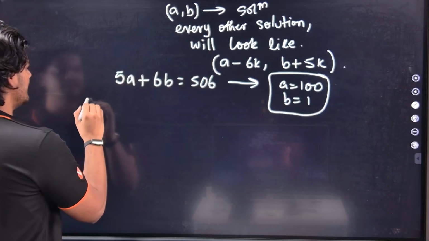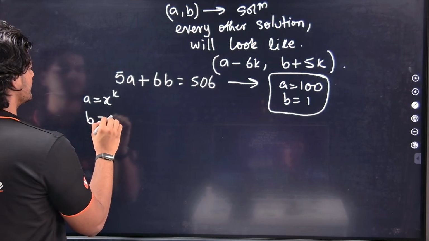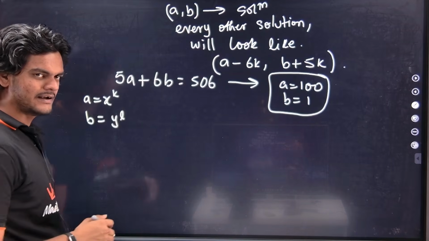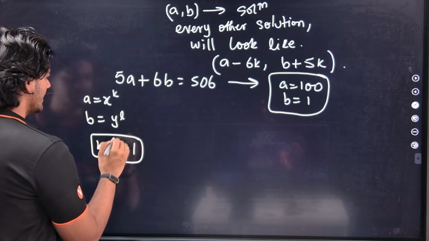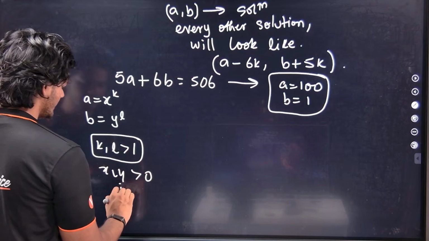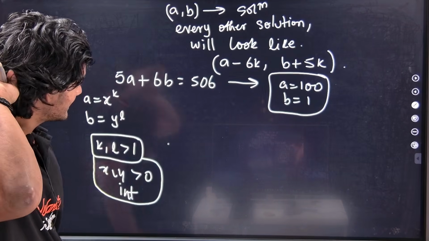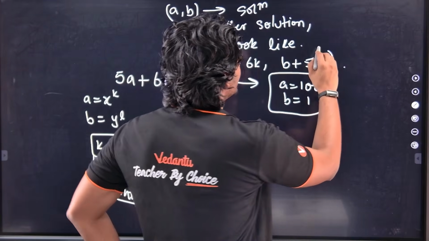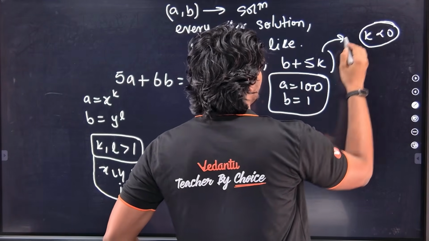And we want to find a such that a is some x power k and b is some y power l, or n or whatever, such that k and l are greater than 1, and x comma y are positive integers. All right. So all these things should be satisfied. Here, this k cannot be negative. If I take k negative, I'm just subtracting.